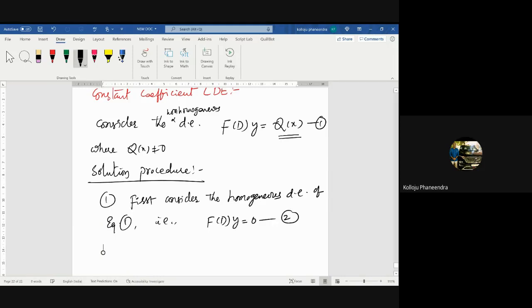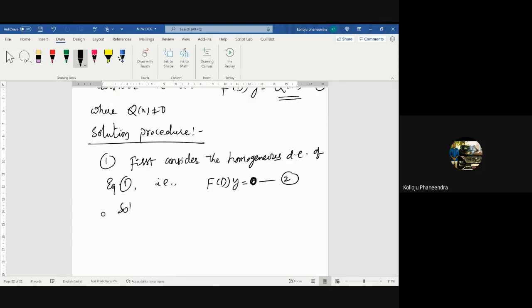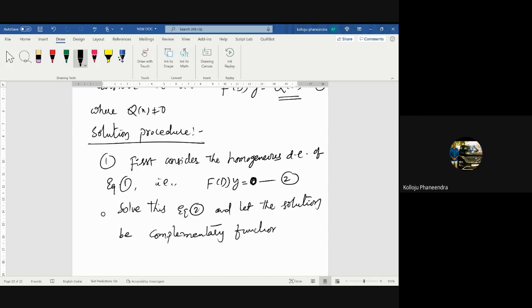Solve this equation 2, and let the solution be the complementary function, generally called C.F. or yc.